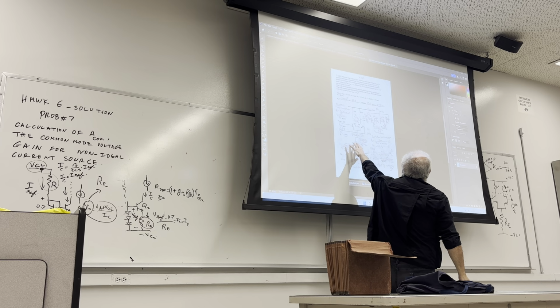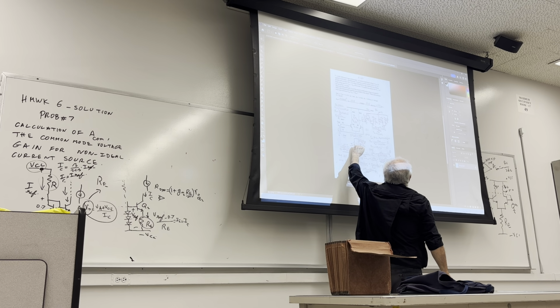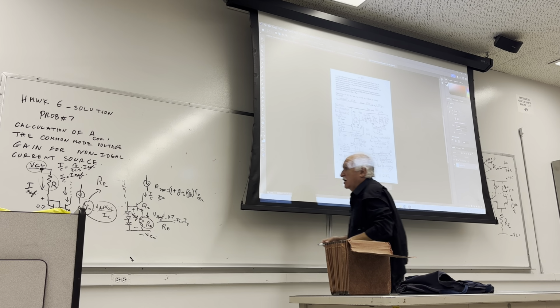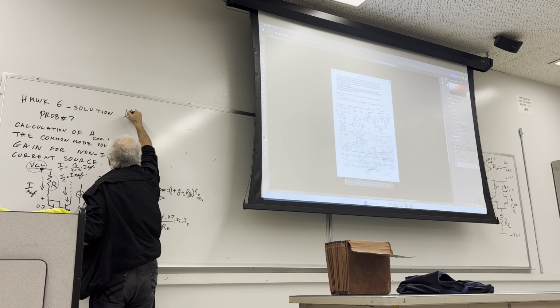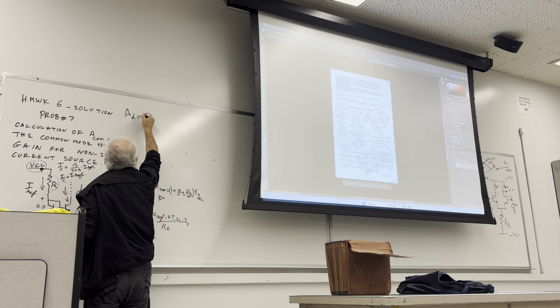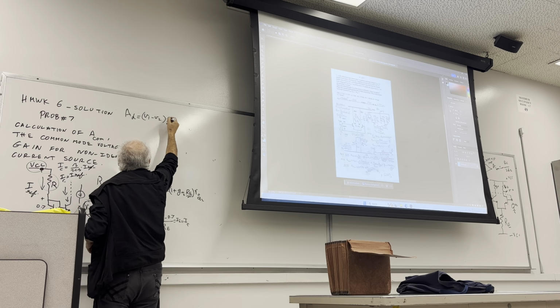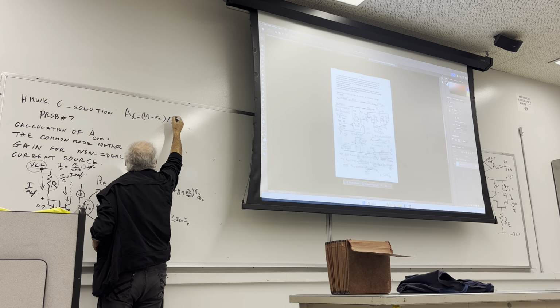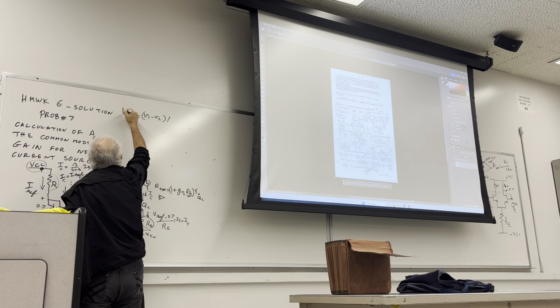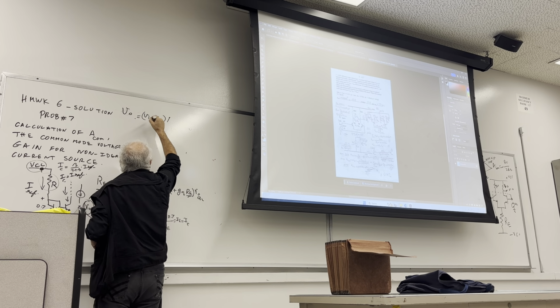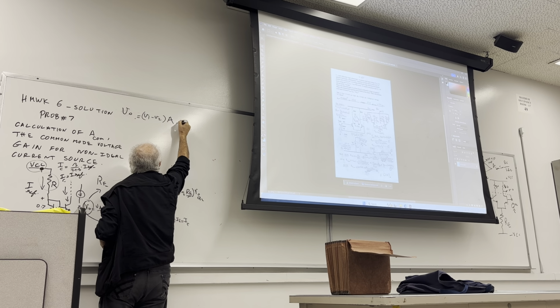AD is the differential gain. AD is actually V1 minus V2 multiplied... VO is V1 minus V2 times AD.